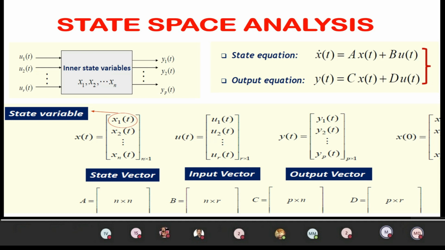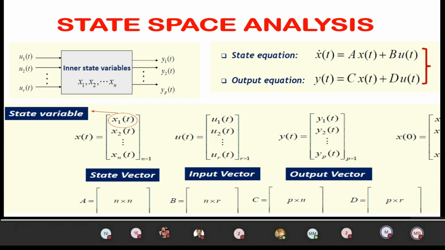They are written as x dot of t is equal to A into x of t plus B into u of t, and the output equation is y of t is equal to C into x of t plus D into u of t. The combination of state equation and output equation is written for a given control system in the state space analysis method.